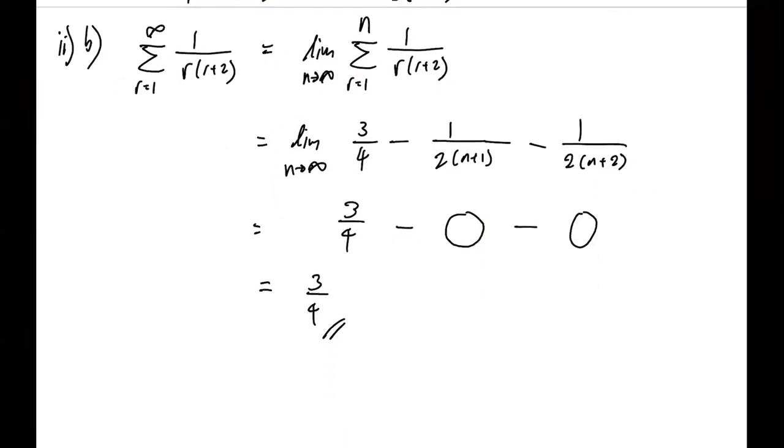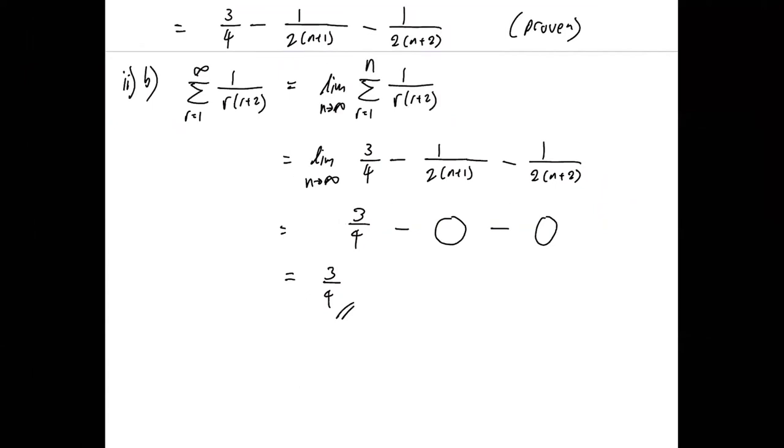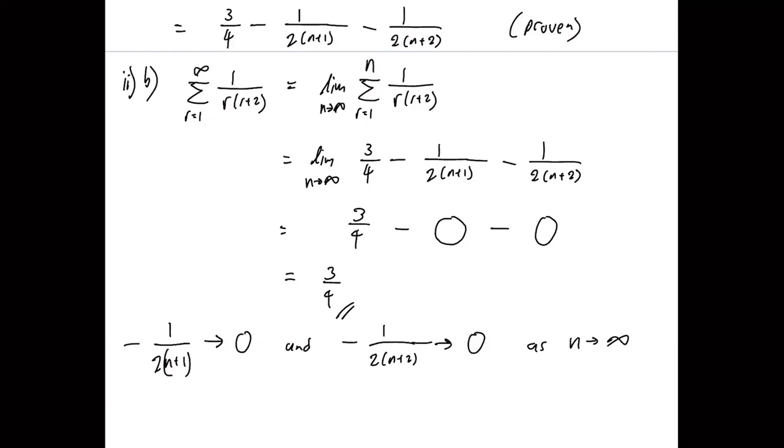Another way to write this down would be to say that 1 over 2 bracket n plus 1 approaches 0. And if you put a negative, it's still approaching 0. And negative 1 over 2 bracket n plus 2 also approaches 0 as n approaches infinity.